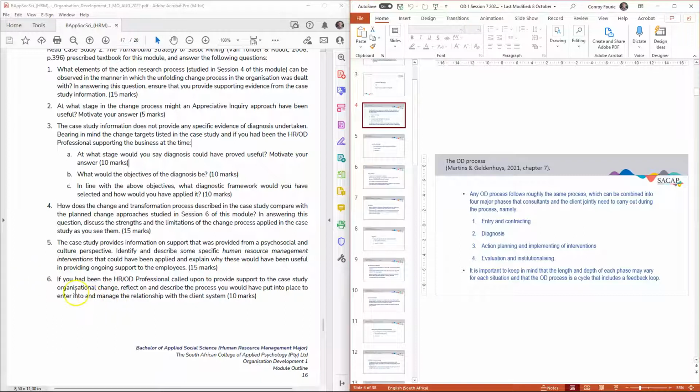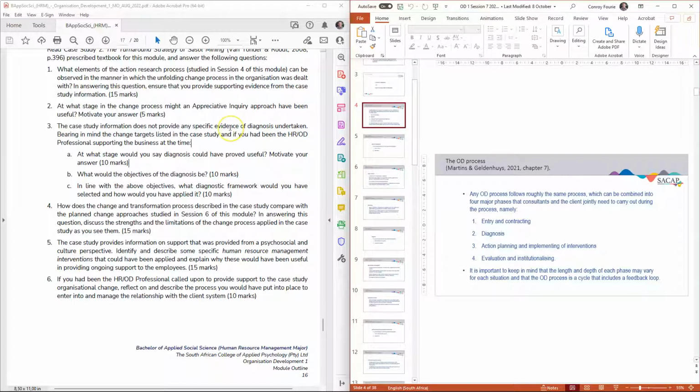And then there's a specific follow-up on that. The second part to question 6 is what process would you have put in place to enter, and also what process would you have put in place to manage the relationship with the client system. Maybe it could have been one broad process where you would have a subsystem for entry and a subsystem for managing the relationship, because managing the relationship with the client system implies management throughout.